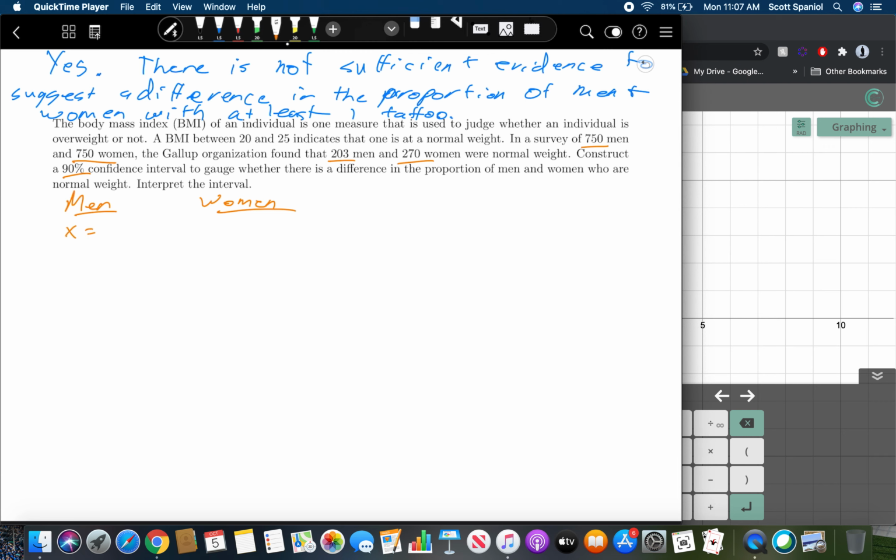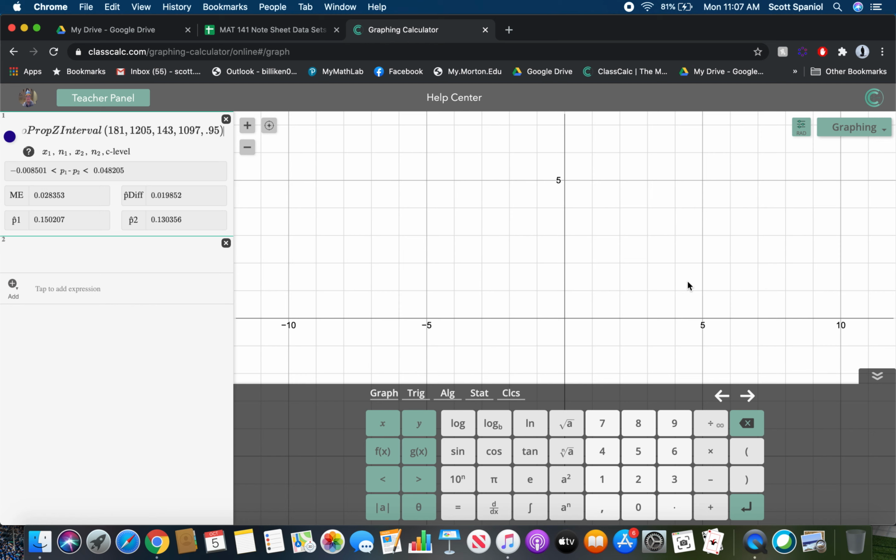Okay, so our two groups here are men and women. For men, X is 203 and n is 750. For women, X is 270 and n is 750. And now we can use the calculator to do our confidence interval.